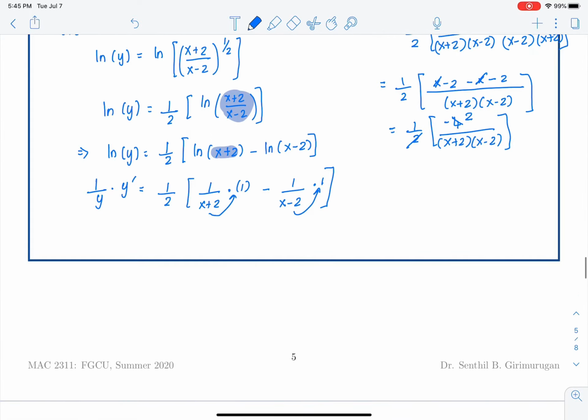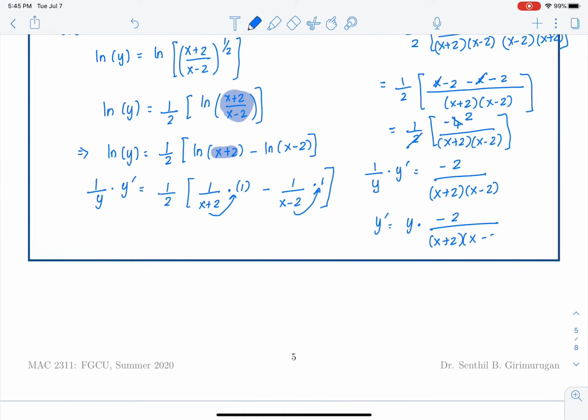We get negative 2. 1 over y times y prime is equal to negative 2 divided by x plus 2 times x minus 2. Y prime would then equal y times negative 2 divided by x plus 2 times x minus 2.